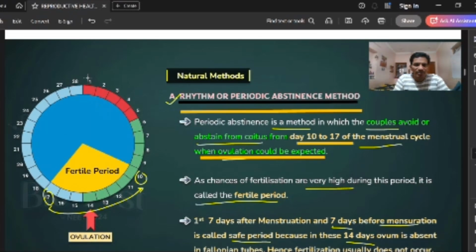The red mark indicates the menstrual flow, and on days 6 to 9 there is no ovulation because the Graafian follicle is developing, from primary to secondary to tertiary. From day 10 to 17 you have a chance of ovulation.